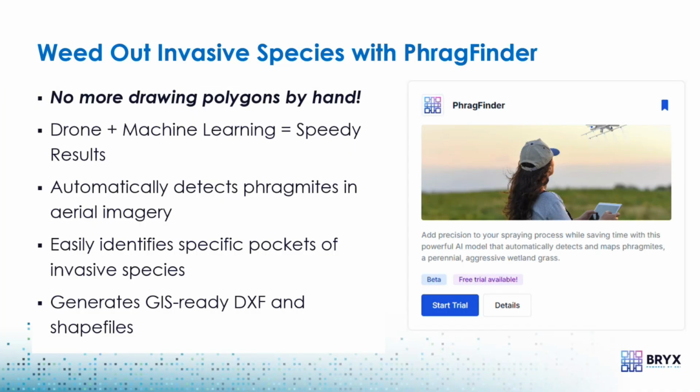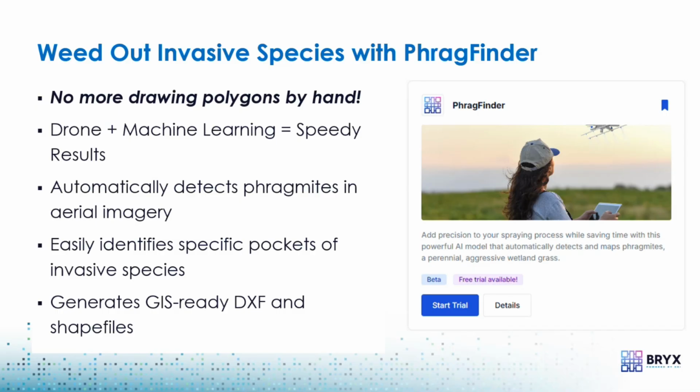Thanks, Samantha. I really appreciate that explanation of all that you've done with drone technology. And yes, this is exactly how PhragFinder was developed. PhragFinder is a machine learning model that uses instant segmentation to detect those invasive phragmites from drone imagery. So that means no more drawing polygons by hand.